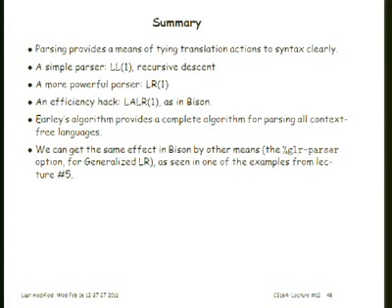And we can get the same effect as Earley's algorithm in Bison, or largely the same effect, by throwing in that GLR parser option, which basically says that when there's an ambiguity, try everything, try all possibilities.